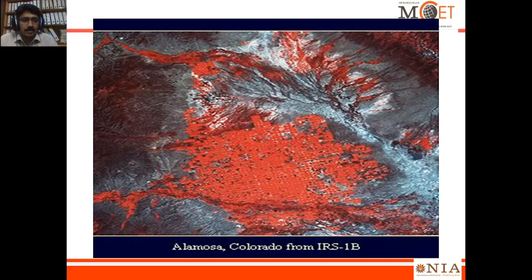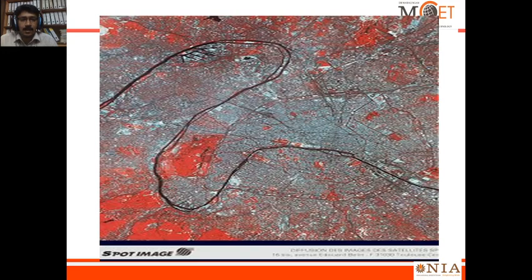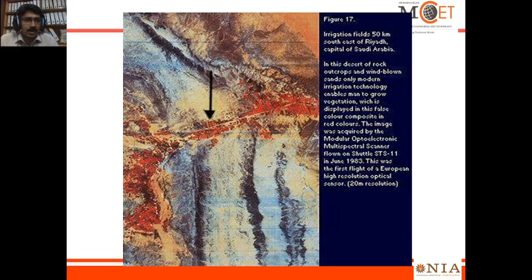Colorado from IR. This is our Indian Remote Sensing satellite image. This is a SPOT, French satellite image. Irrigation field 50 kilometers southeast, this is the point. Based on the type of resolution, we can explore a lot.